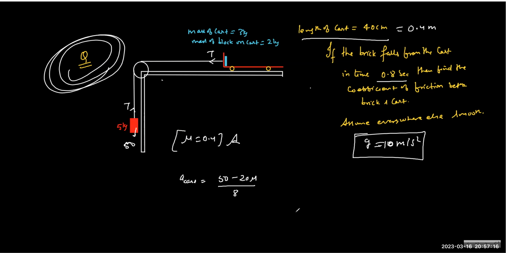Understood? So we're writing the equation only for the cart here, no? So only for the cart it will be T minus 20 mu. T minus 20 mu equals 3 into A. And then we'll say 50 minus T equals 5 into A. Yes, and then you add.